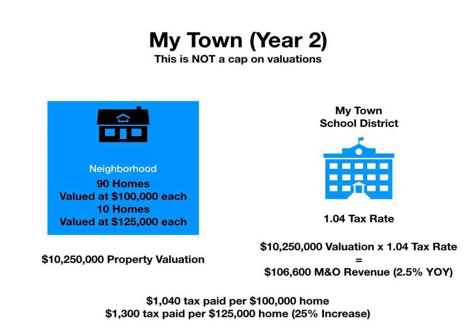When you apply the My Town School District's 1.04 tax rate, the district is collecting $106,600 in revenue. That's 2.5% more revenue than the district collected in year 1. This means the cap has no impact. As the My Town ISD didn't change their tax rate from year 1, 90 homeowners will still pay that $1,040 in taxes. The 10 homeowners who saw their property appreciate will pay $1,300 in taxes, a 25% increase.